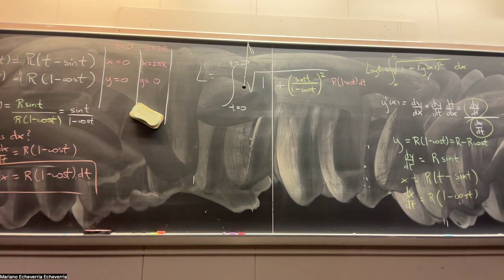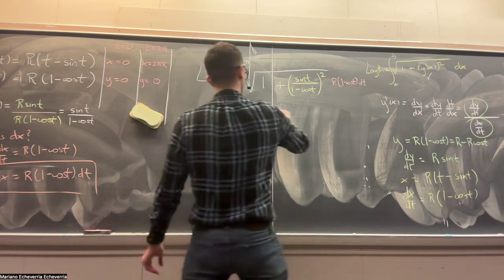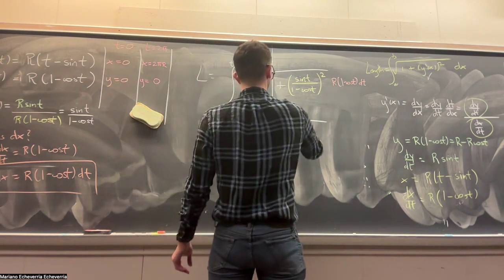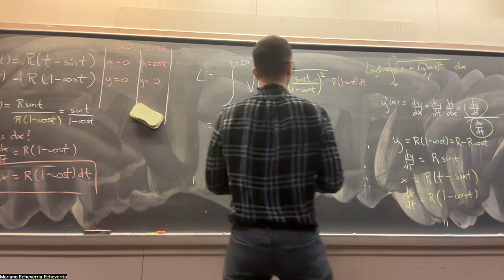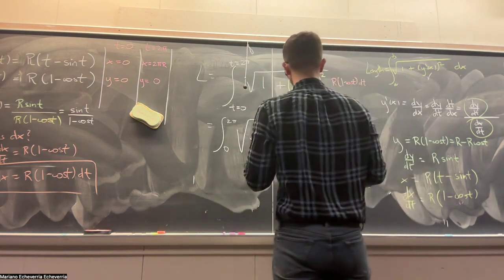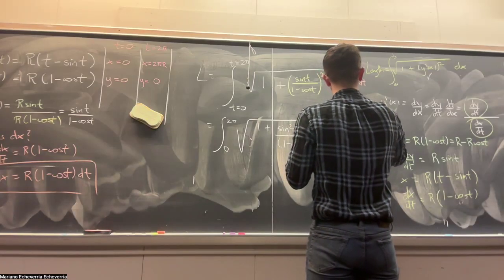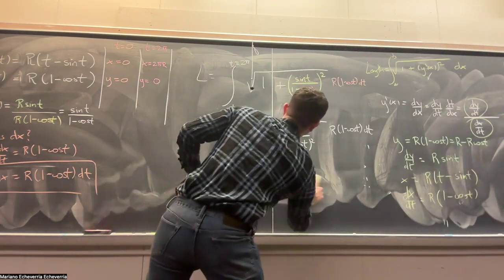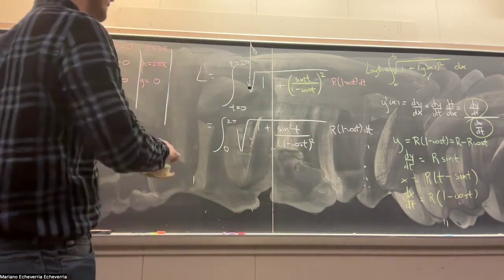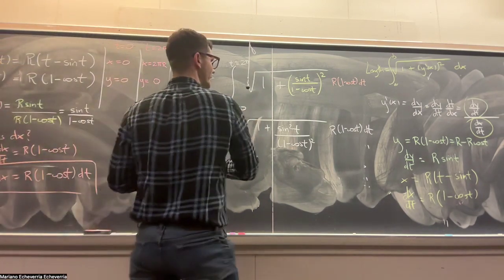And this looks intimidating, but it's actually not as bad once you start simplifying it a little bit. Because what does that give you? It gives you the integral from 0 to 2 pi of the root of 1 plus sine squared of t over 1 minus cosine of t squared, times 1 minus cosine of t. I'm sorry, this looks a bit bad. Maybe. No, it looks a little bit better. And then you really have to add these together, so I'll do a common denominator.